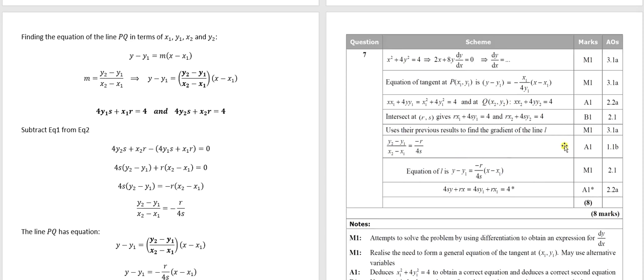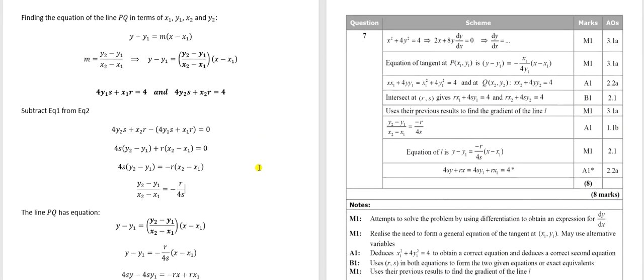This skips some of the algebraic working out that happened in between. This was mostly this stuff we've got here, where we've got two equations involving x1, y1, x2, and y2, and r and s. And by rewriting sufficiently, we can get it in the form y2 minus y1 over x2 minus x1. And that allows you to then write the equation of L in this more simplified form.